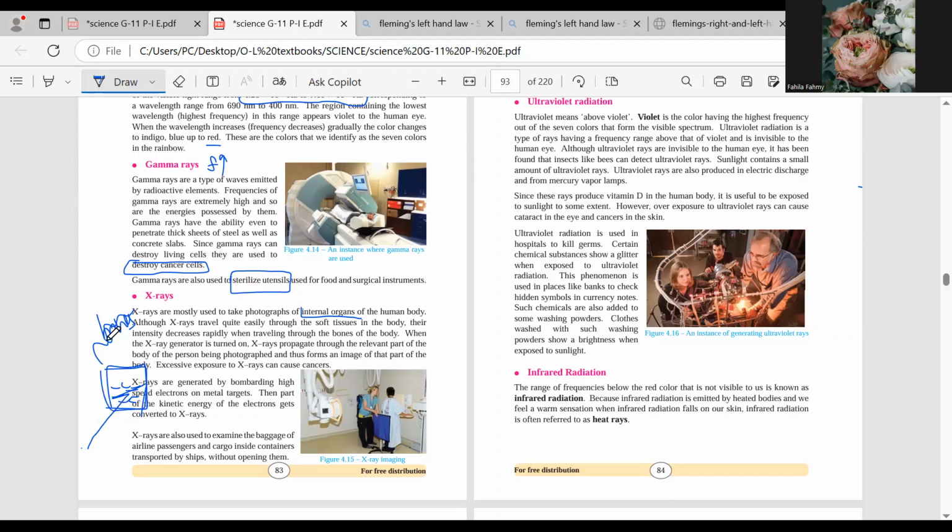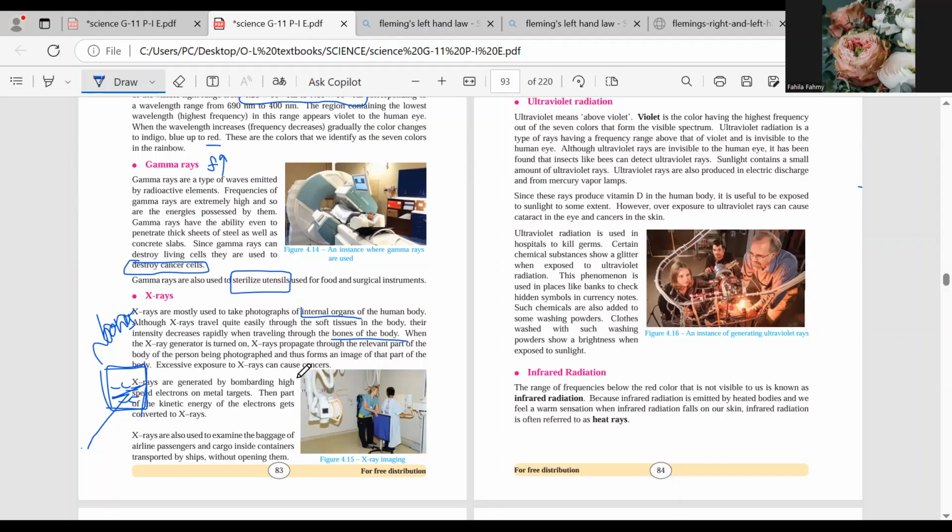But when it is going through the bones, the penetration decreases, right? So therefore, we will be able to capture that in a photograph form, where we will be able to observe the structure inside.